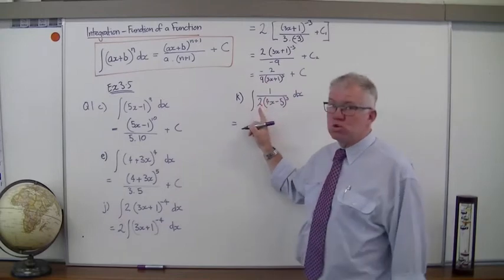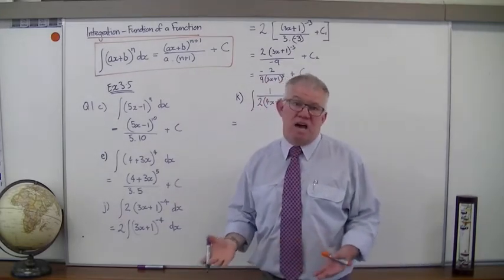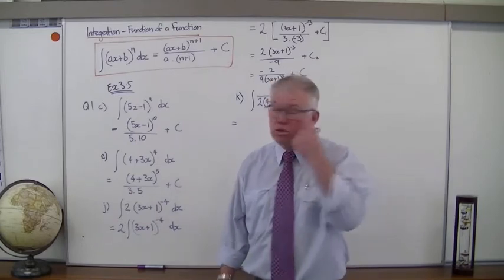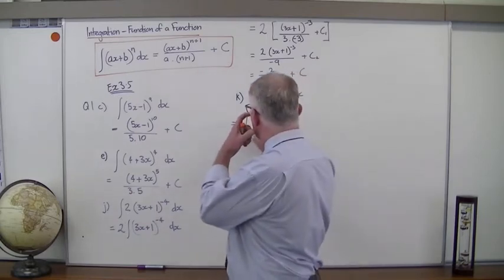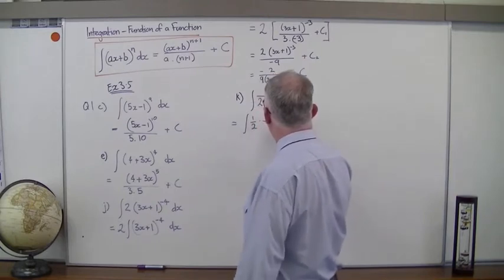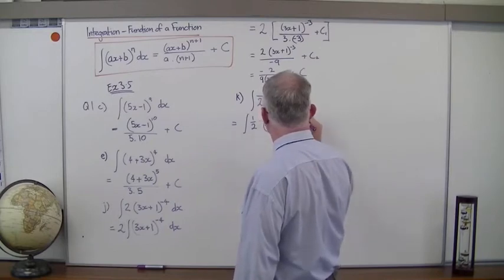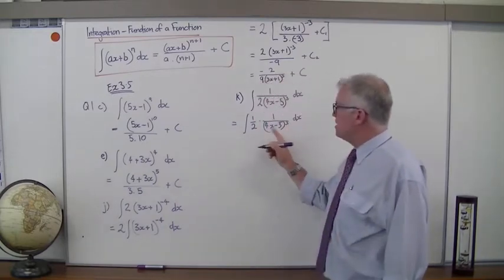This 1 over 2 is really a half. So it could be written as the indefinite integral of a half times 1 over 4x minus 5 to the power of 3 dx. Could be written like that.